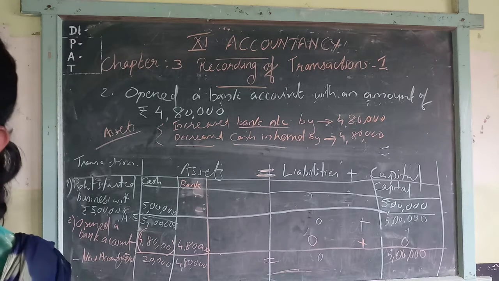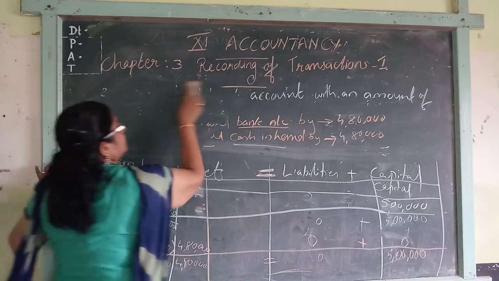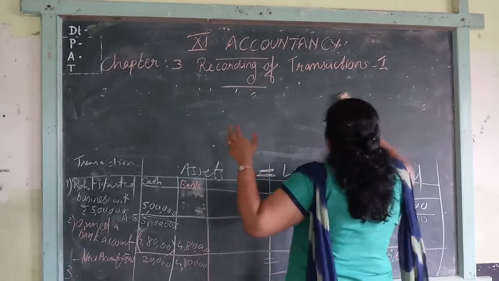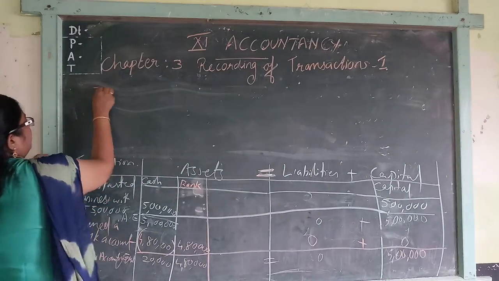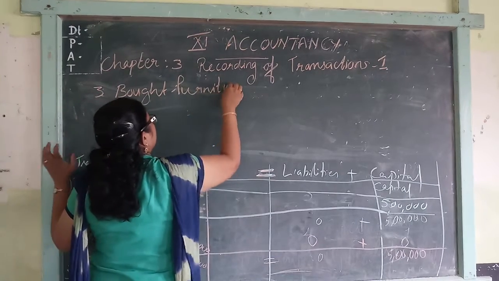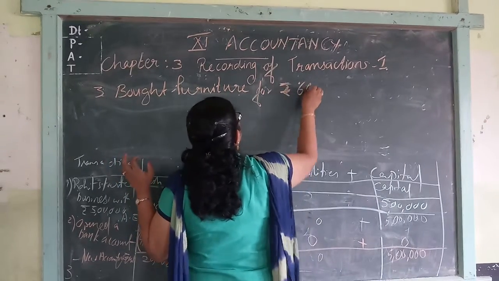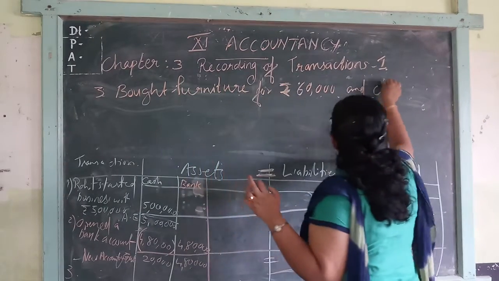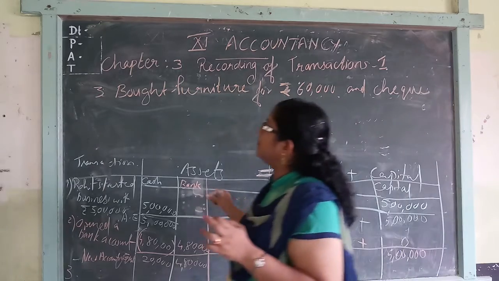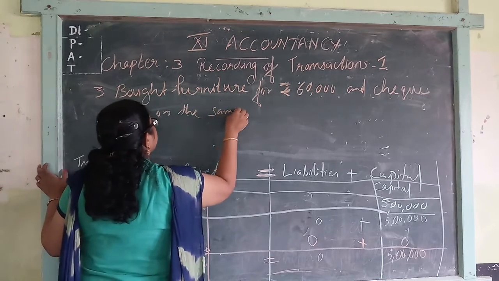Furniture purchased, that means bought furniture for rupees 60,000 and check paid on the same day.